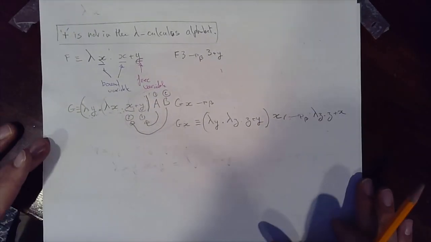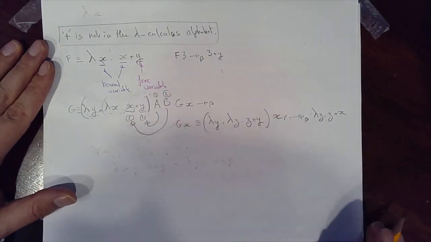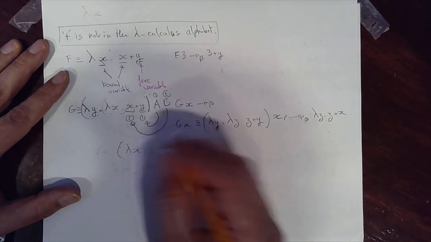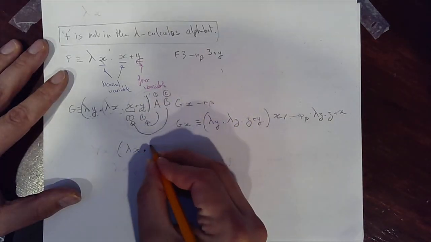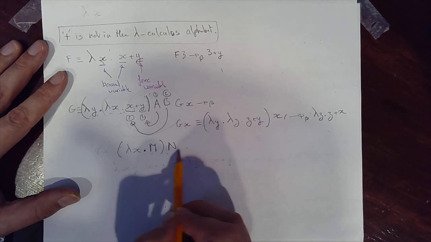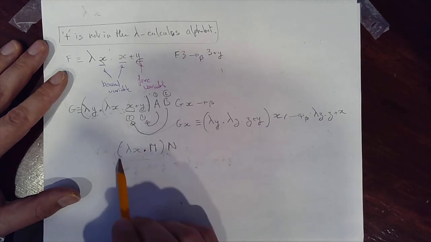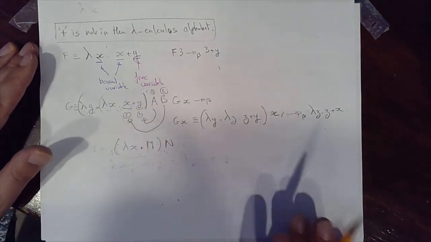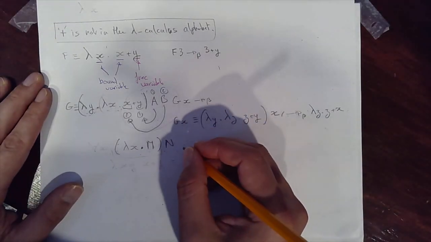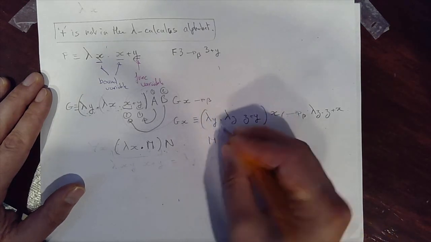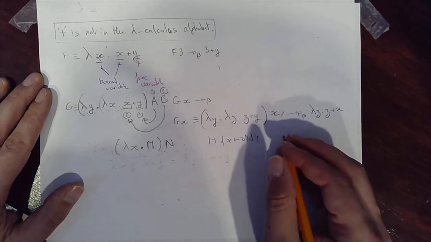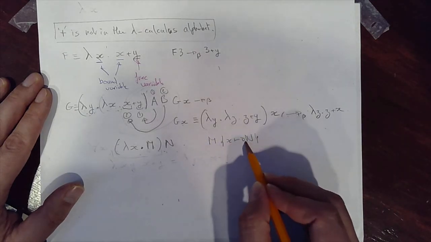So just to give the formal definition of the beta reduction: if you have a redex, lambda x m applied to n, so to have a redex you need two terms, one applied to the other, and this is a lambda term applied to another term, and you have m with x replaced by n, which represents the term obtained when you substitute x by n in m.